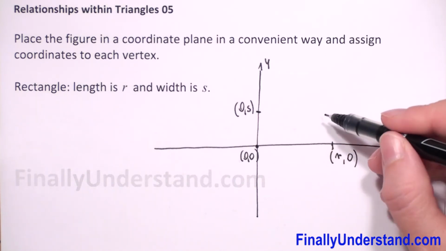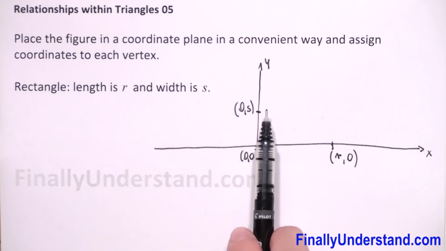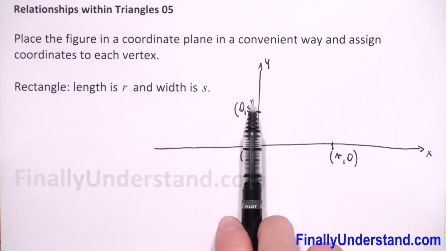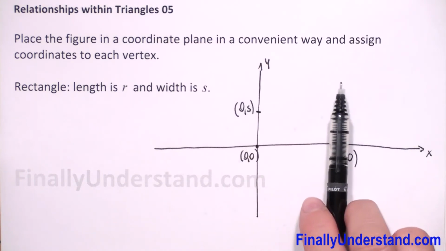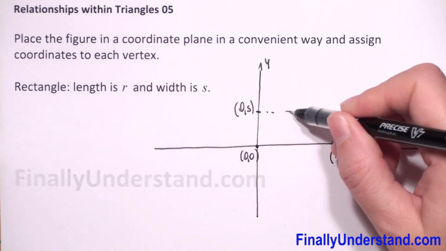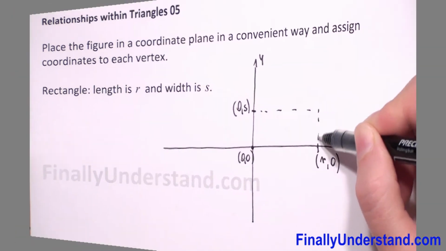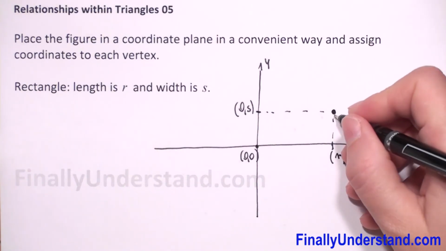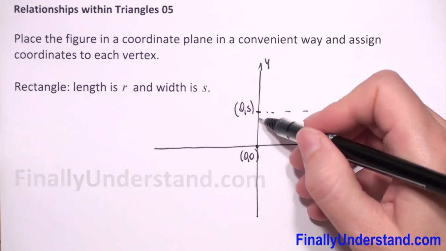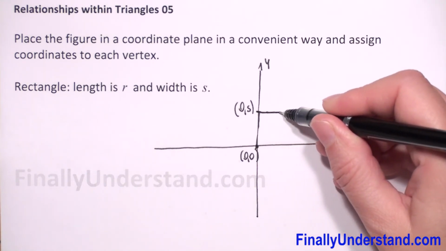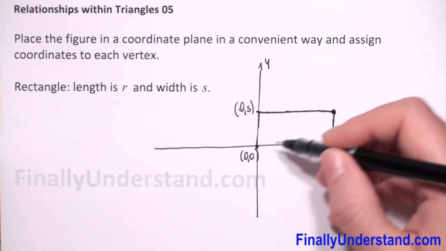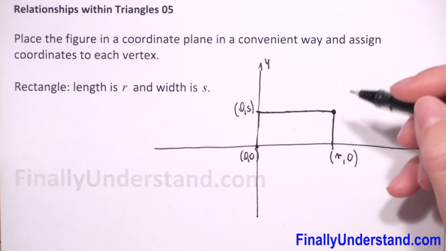Now the fourth. We know that a rectangle has two pairs of parallel sides, so this side must be parallel to that, and this side must be parallel to that side.